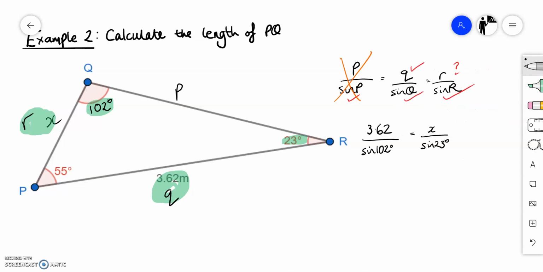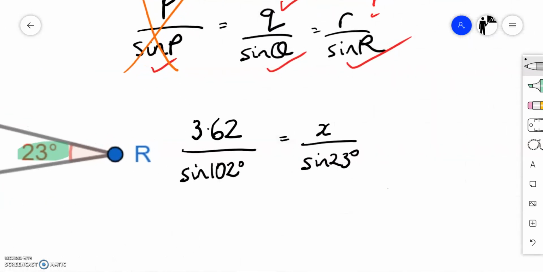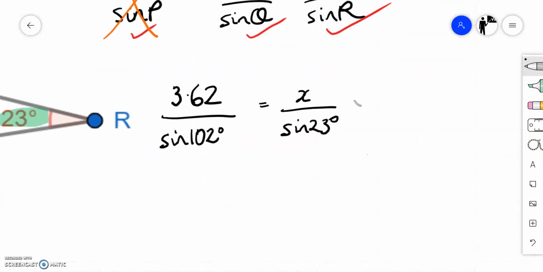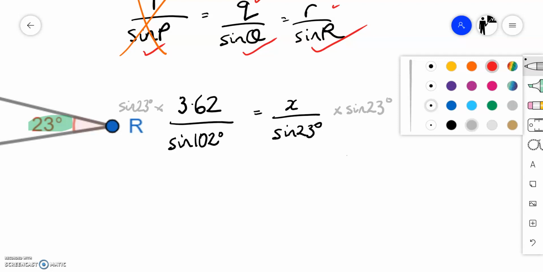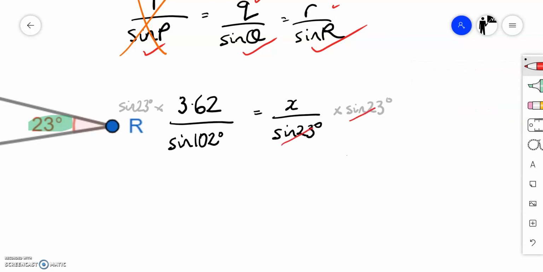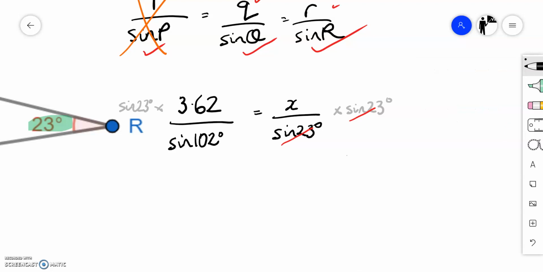At the moment it's being divided by sine 23. So in order to get x on its own, we will need to multiply both sides by that sine 23. We do that because these will simplify. So I've got x on its own on the right. I'm just going to rewrite that on the left. I'm going to have x is equal to sine 23 times 3.62.